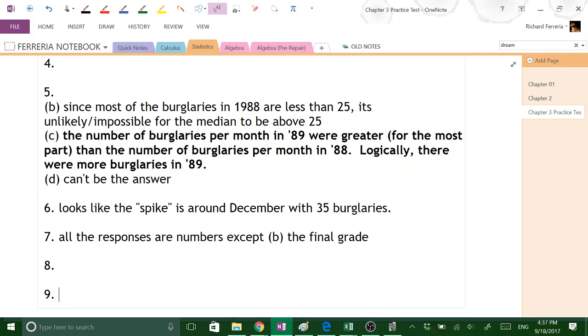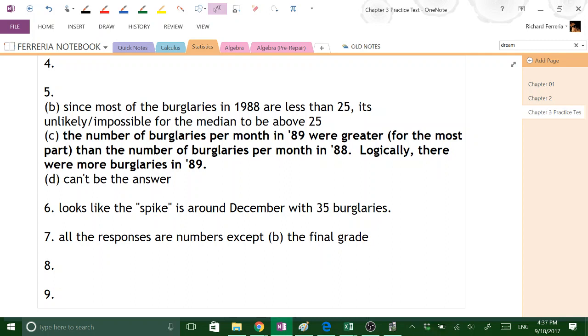So the correct answer was, what was the correct answer? Was it A? A, okay. It's A. It's gotta be A. D? No, but number 9 asks for the... Oh, it's number 10.